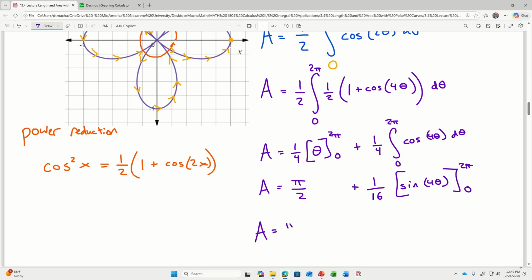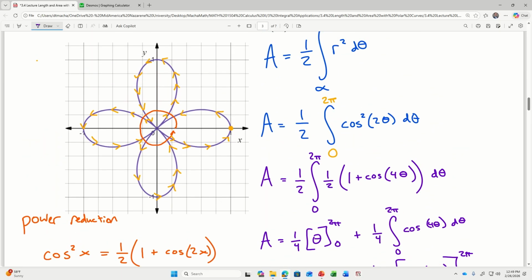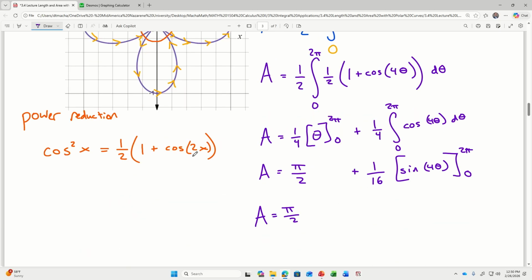And this immediately sounds kind of suspicious to me, because pi over 2 is only an area of like 1.4. I don't know, maybe that's right. I'm just too suspicious of these things.